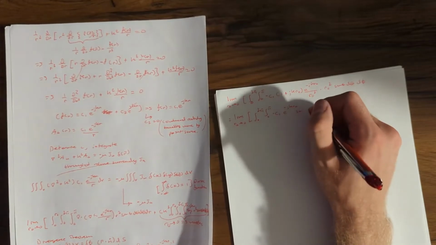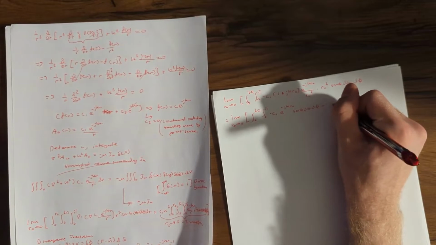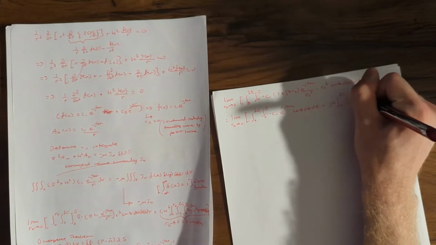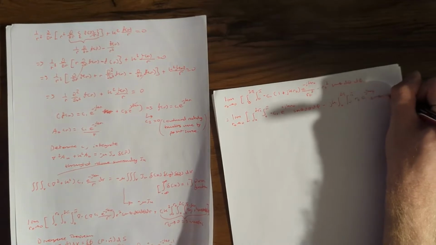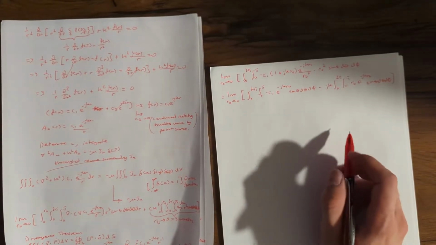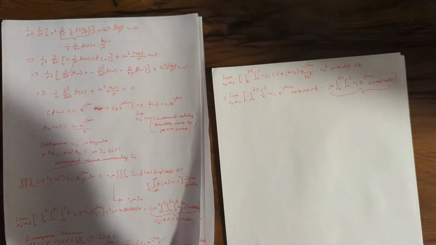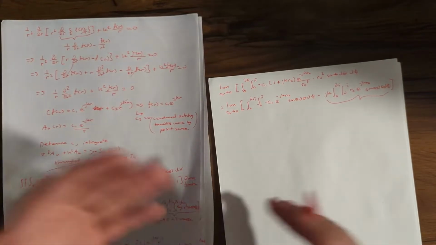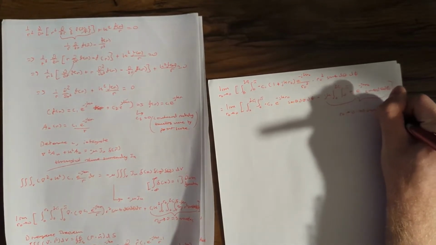So e to the negative jkr naught sine theta d theta d phi minus jk, which is constant, so we pull it out of integral 0 to 2 pi, 0 to pi, r naught e to the negative jkr naught sine theta d theta d phi. Entire limit is r approaches 0. Now, just like in the last iteration of this integral, we will have this one vanishing as well. Why? Because you have an r component here, and after you integrate, you have r at the end, you plug in 0, it is 0, so we will not waste our time. So, r naught approaches 0, therefore this integral vanishes.